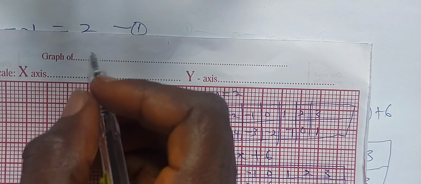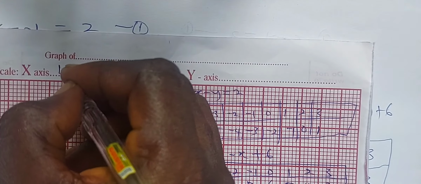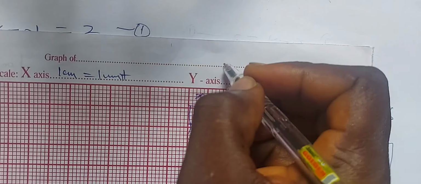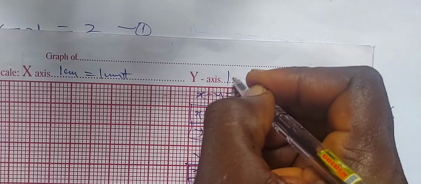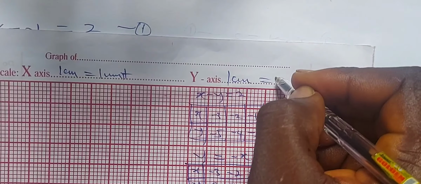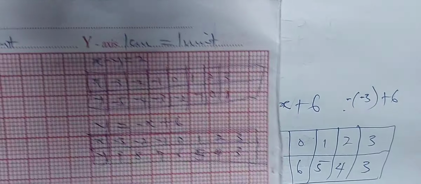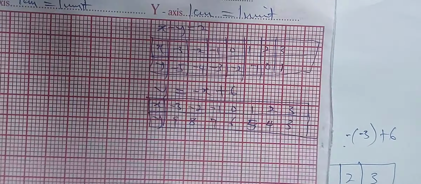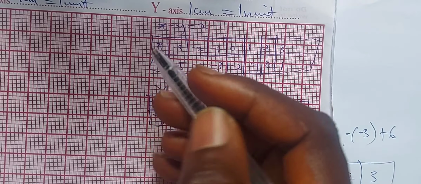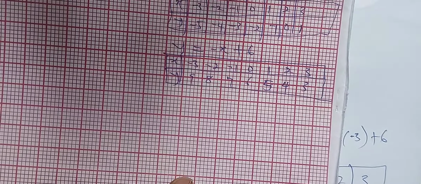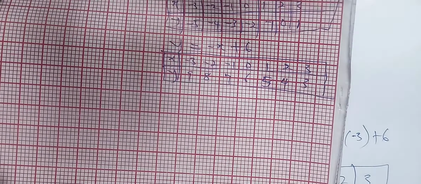Scale is 1 centimeter is equal to 1 unit on both axes. Okay, that is how we do it. Having considered the values of y, you can leave more space on your graph. Then let's start straight away.